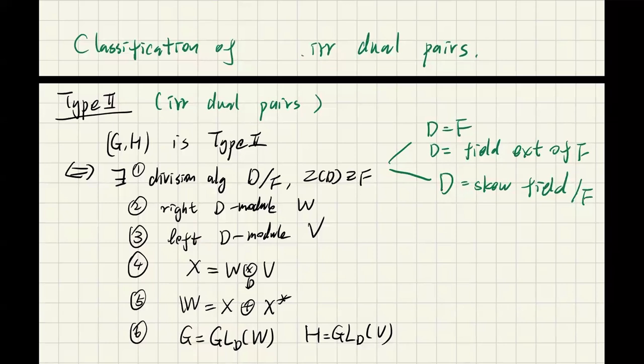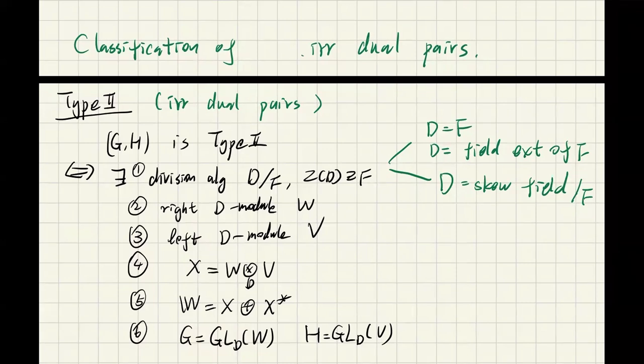In this case, if the base field is a finite field, you don't have such a situation, from class field theory. If the base field is R, then you will have the quaternions. And if the base field is a p-adic field, then for each integer you will have a division algebra attached to this integer.